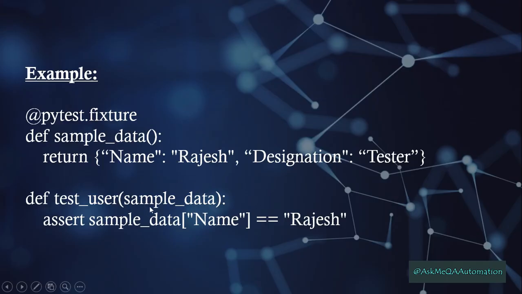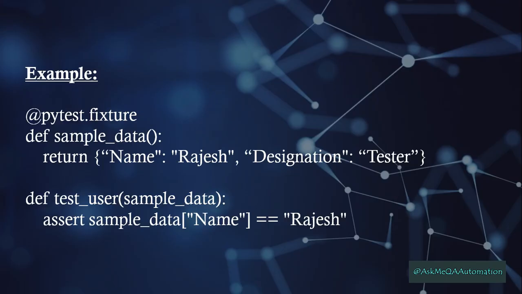From here onwards, you can use sample_data. It returns JSON with name and designation, so we can use the name and designation through sample_data. If you write sample_data of name, you will get this name. This is how Pytest fixtures work.